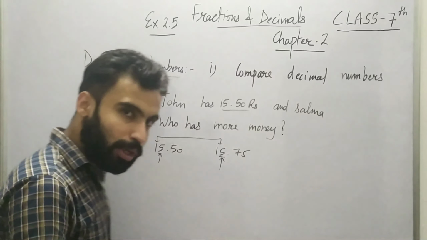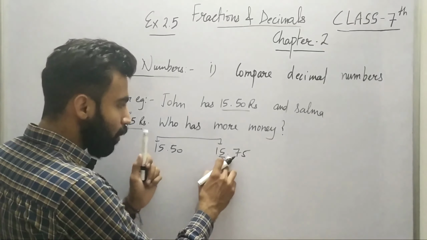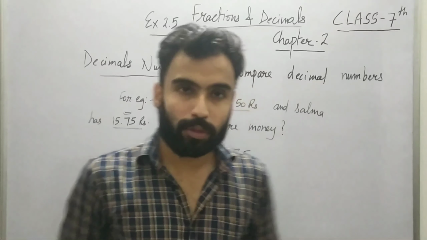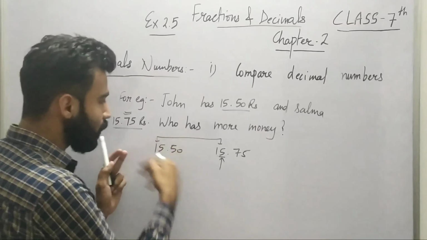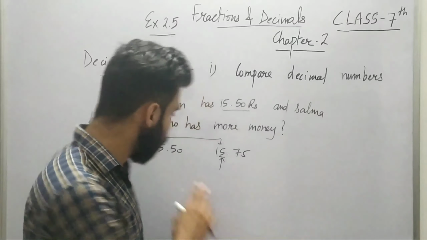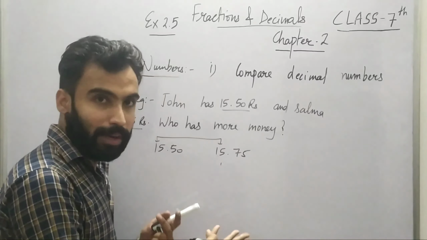This is also equal. So both the digits 1 and 5 on the left hand side are equal. That means we can't compare these decimals on the basis of the left hand side value. 15 and 15 are both equal.